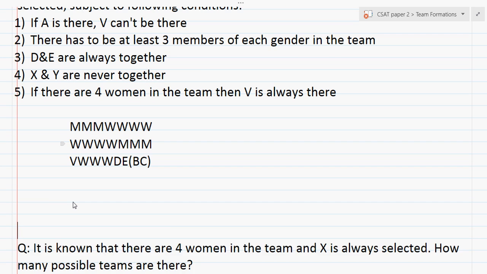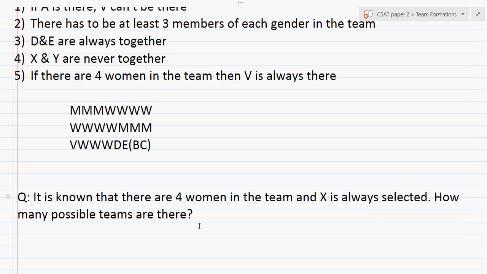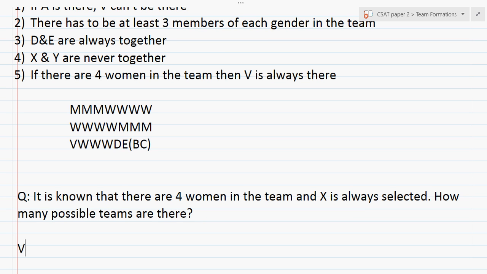Now let's go to the question. So it is known that there are 4 women in a team. So the question says the team is of this type, and X is always selected. How many possible teams are there? So X is always selected means V, X, right? Then 2 W's. So X is selected, which means Y is never selected.